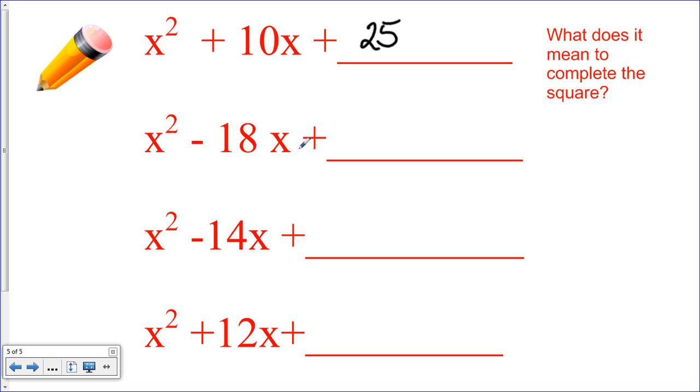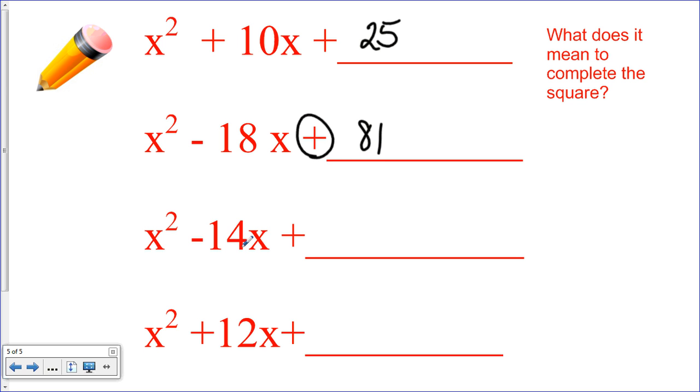X squared minus 18x, okay, I would have negative 9. It doesn't matter if it's positive or negative. I'd have negative 9 going one direction and negative 9 going the other direction. And negative 9 times negative 9 to complete my square would be 81. So this will always be positive because 2 negatives always make a positive when you multiply them together.